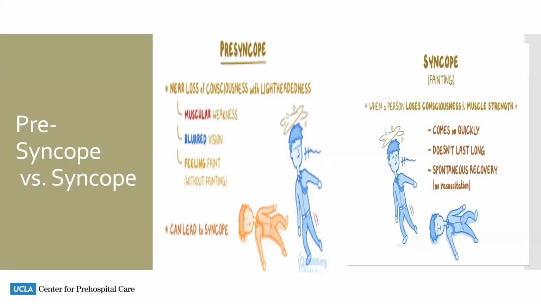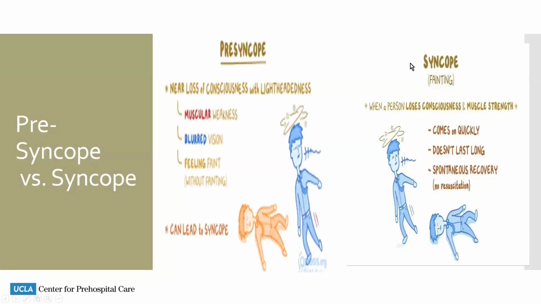They feel lightheaded, but they can't figure out where the chair is so that they can sit down, and they feel really faint, but they don't pass out totally. So that's pre-syncope or near syncope.